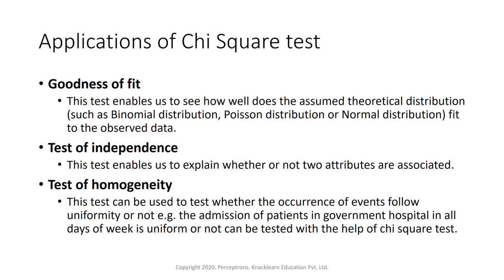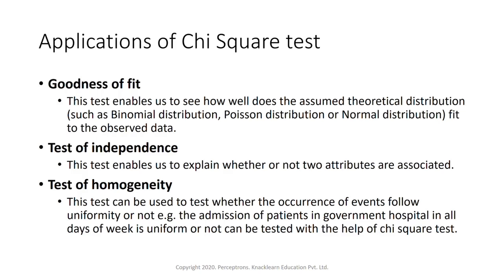The other one, which is the most commonly used chi-square test application, is the test of independence. This test enables us to explain whether or not two attributes are associated with one another. This is one of the most important tests, where we can find out the relationship between categorical variables.